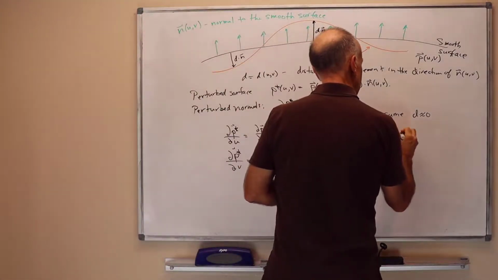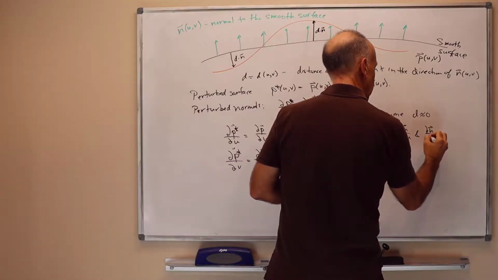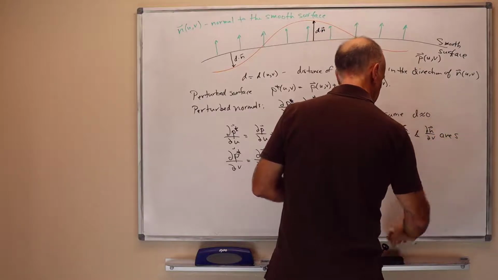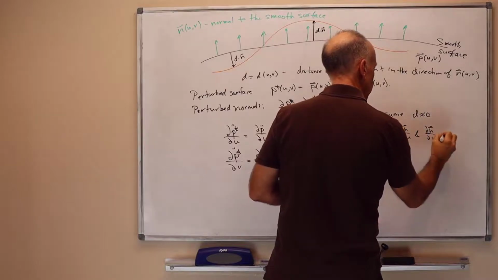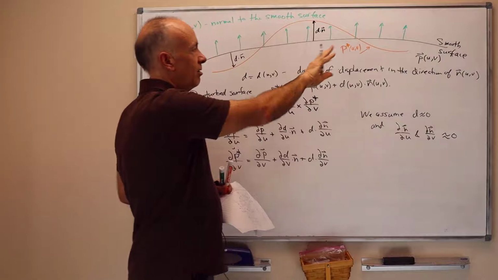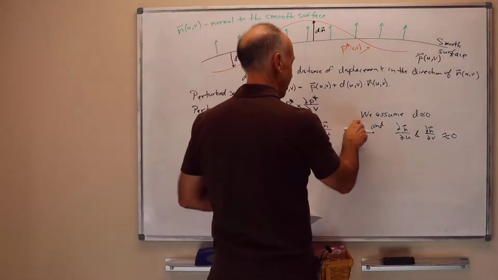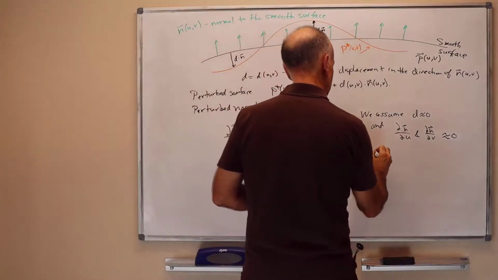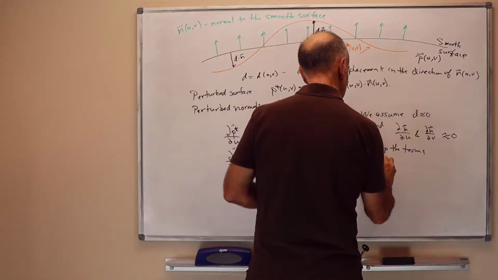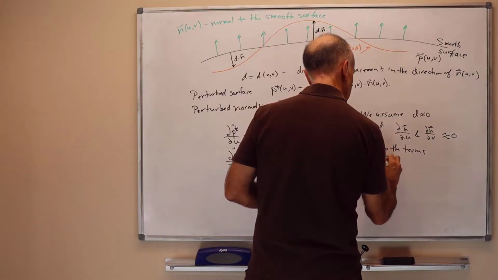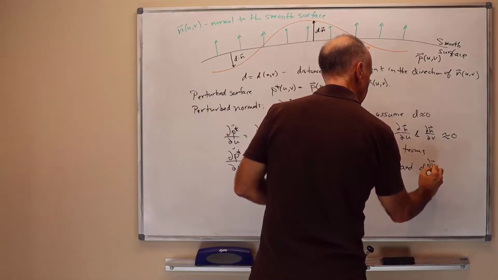And also, we assume that the partial of n with respect to u and the partial of n with respect to v are small, approximately equal to 0, because we're assuming that the original surface P is fairly smooth, so the normals are changing slowly. The product of two small things is really small, so we drop the final terms, d times the partial of n with respect to u, and d times the partial of n with respect to v.